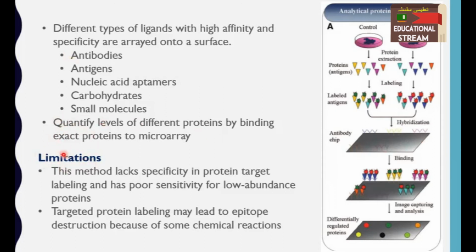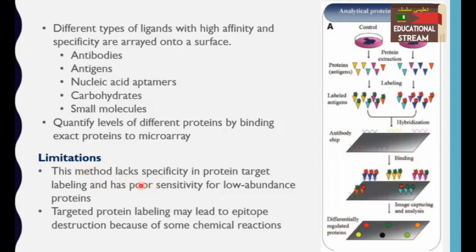There are certain limitations of this method, which include that this method lacks the specificity in protein target labeling, and it has a poor sensitivity for low abundance protein. Like if the proteins are very low in concentration, as compared to those proteins which are high in concentration, they face the problem of specificity and sensitivity because they are not able to interact with their target labeling.